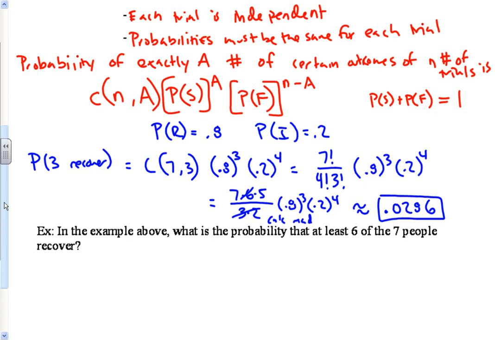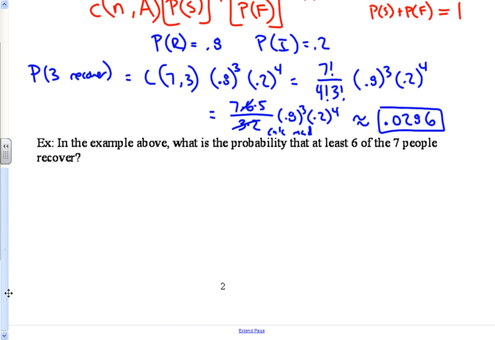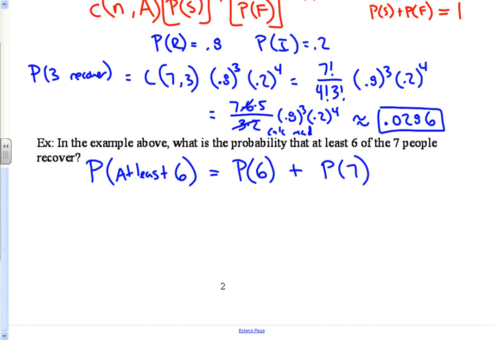There's a trickier way that we can ask this question, and that's what if at least 6 people? Well, the probability of at least 6 is the probability of 6 people plus all of the numbers that come above that. So if there were 10 trials, then that would be 6, 7, 8, 9, and 10. In this case, there's only 2, so it would be the probability of 6 plus the probability of 7.